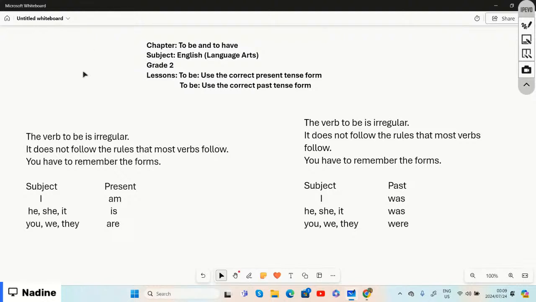All right. And if we look at the subject as well as the present tense form of the verb, right?